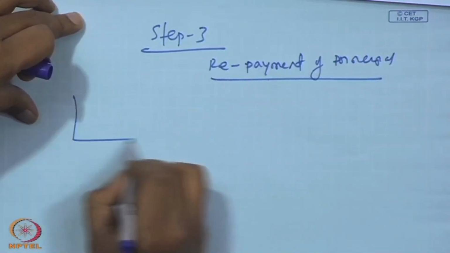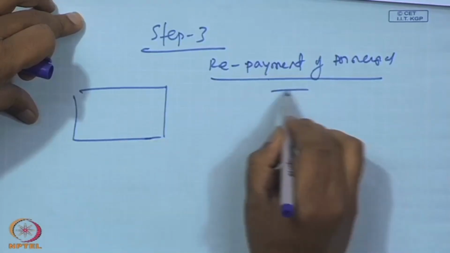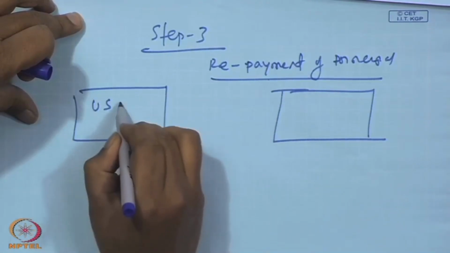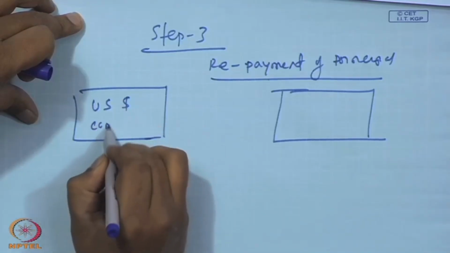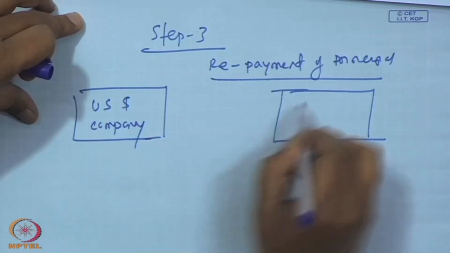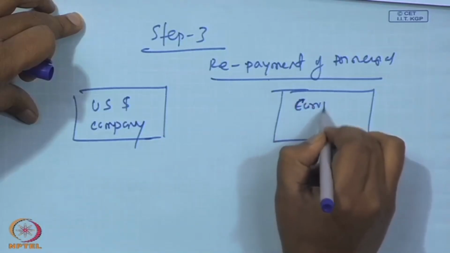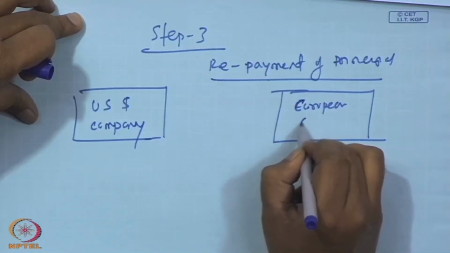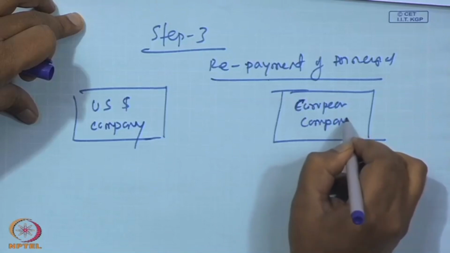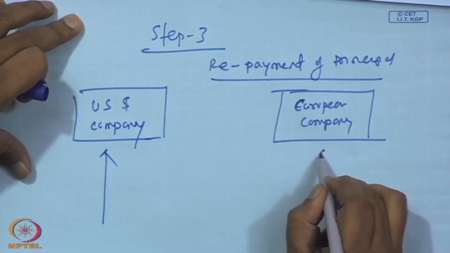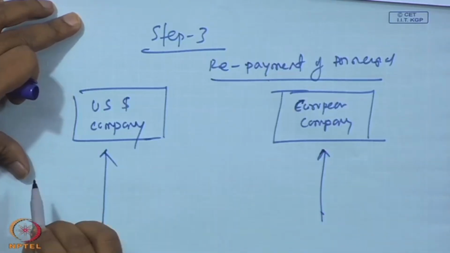As I mentioned earlier, company A is the US dollar company, and company B will be your European company. The principal transaction will take place.